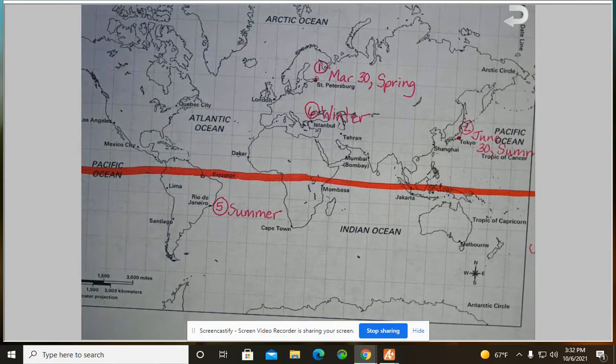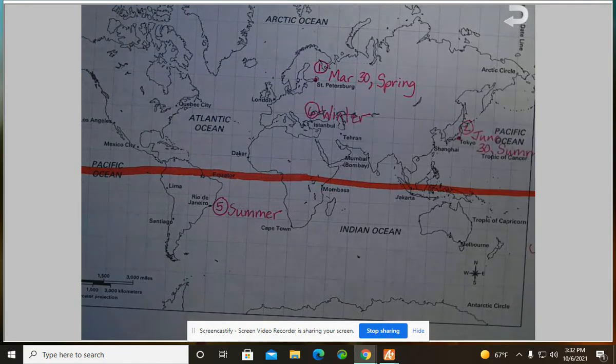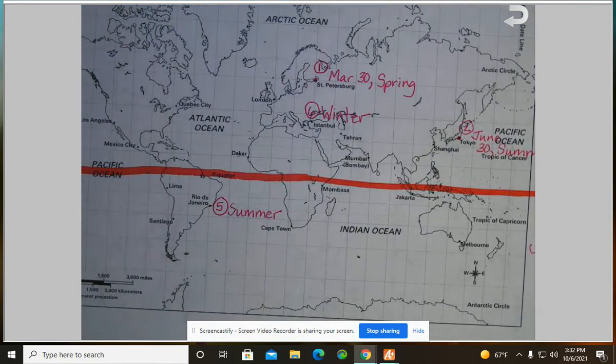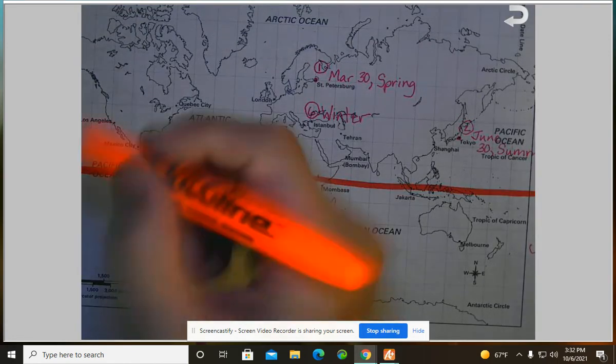I would like you to do 7 and 8 by yourself. And let's go to number 9. Find the 4 tropical zone cities in the southern hemisphere and label each of them tropical zone. So our tropics are going to be the area between the Tropic of Cancer and the Tropic of Capricorn.